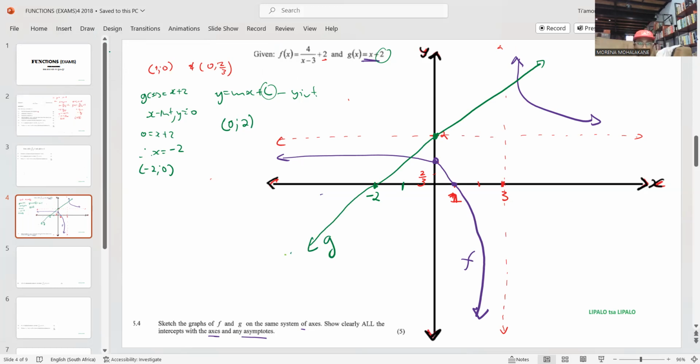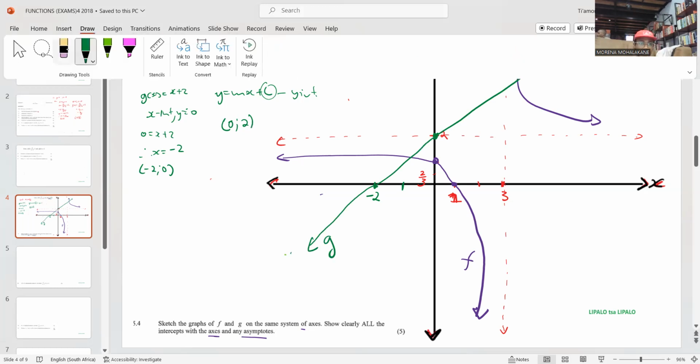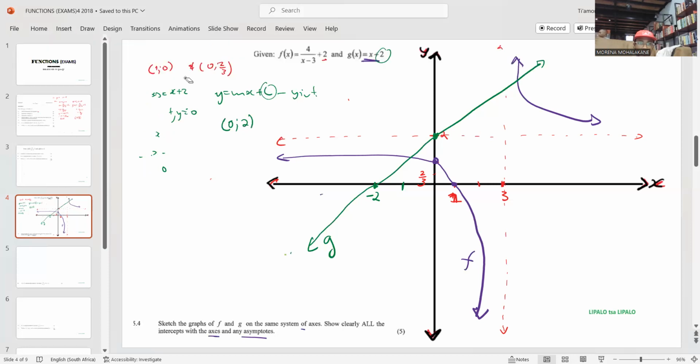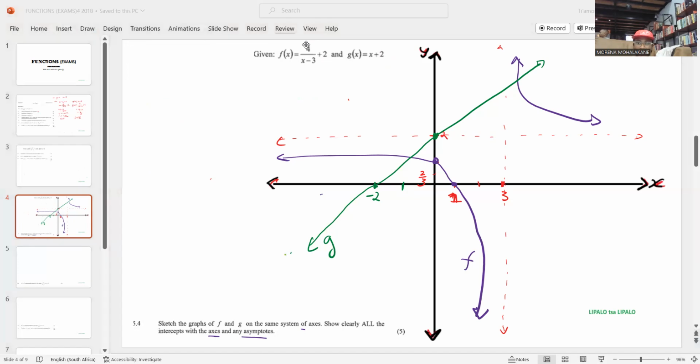Let's get to the next question. I just want to transfer this here because it is going to be useful.